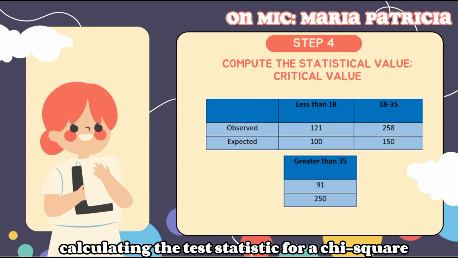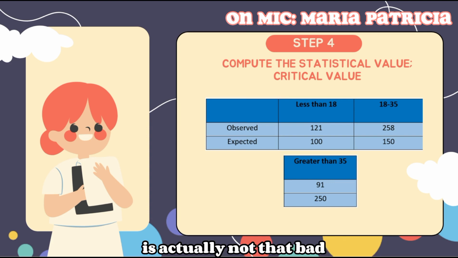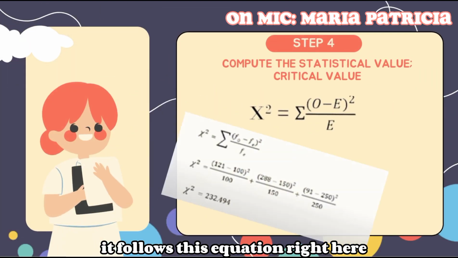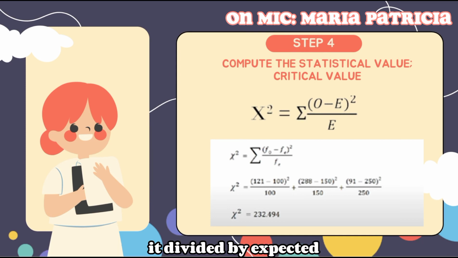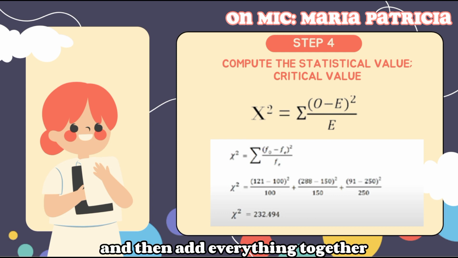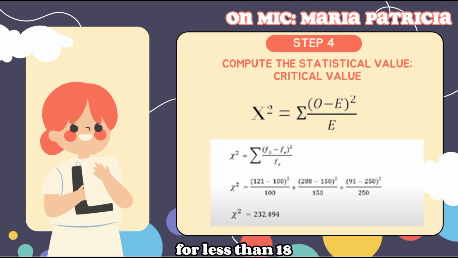Calculating the test statistic for chi-square is actually not that bad. It follows this equation right here where we take every observed minus expected, square it, divide by expected, and then add everything together. For less than 18, we observed 121 and we expected 100.